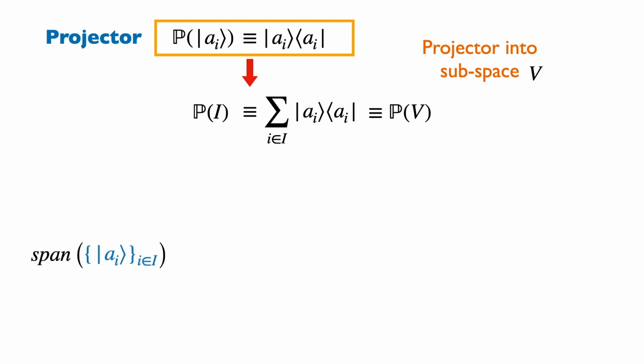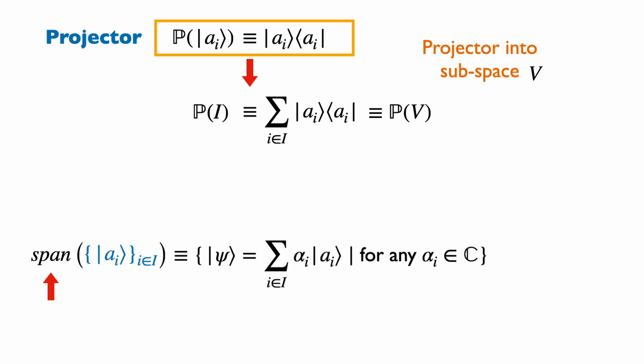The span of the subbasis is defined by the complete set of vectors formed out of all possible linear combinations of subbasis elements. This precisely defines our subspace V. The projector into V is denoted by P_V. P_{a_i} is therefore a special case of a projector into a one-dimensional subspace.